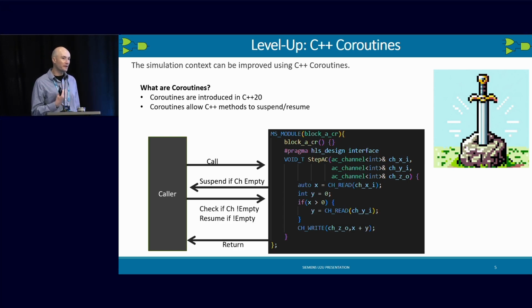You have to realize that the Catapult HLS tool will generate the correct RTL for these types of patterns. It's just that the C++ simulation hasn't been able to correctly simulate the pattern that the RTL can generate in C++.